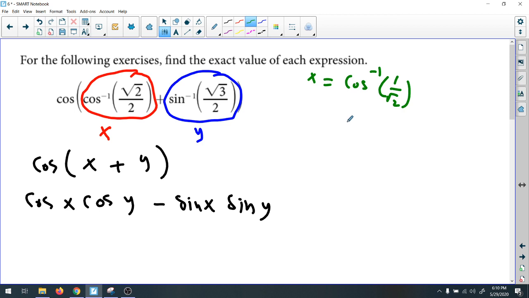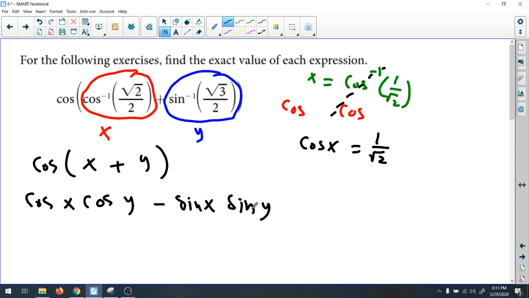And you could find that if you take cosine of both sides, left side and right side. Cosine and cosine inverse cancel out, and just 1 over square root of 2 is left. So cosine x equals 1 over square root of 2.